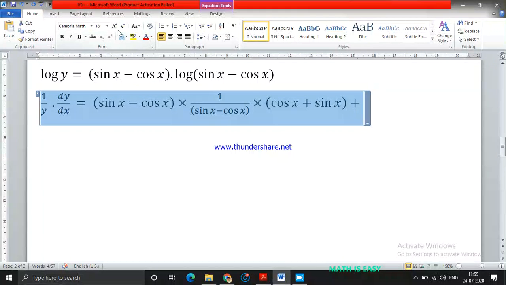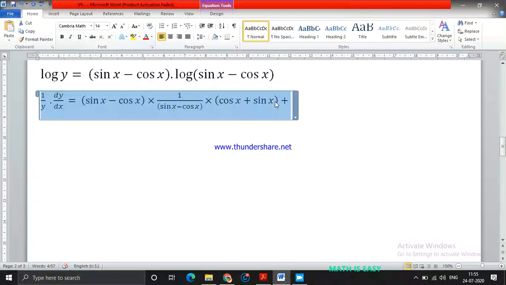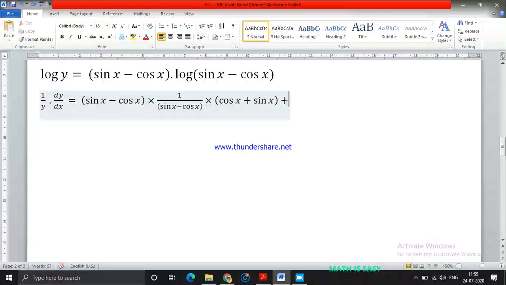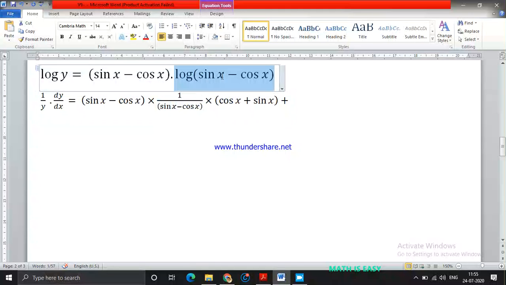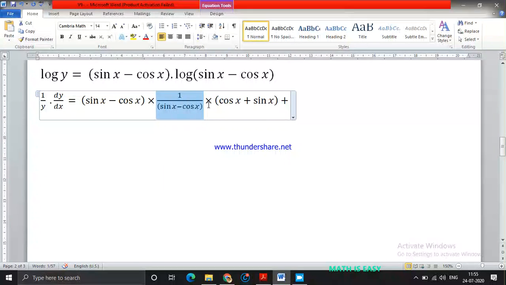If you want, let me decrease the font size a little bit. This is u, so I kept u as it is, and this entire thing is derivative of v, that is derivative of log term. Log theta is 1 by theta into derivative of theta. So u derivative of v now plus v into derivative of u.